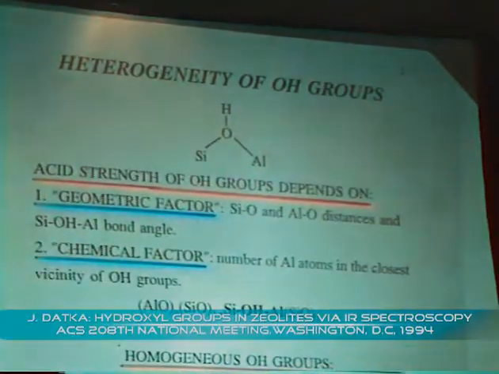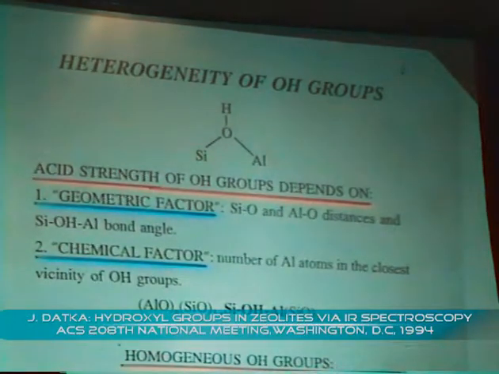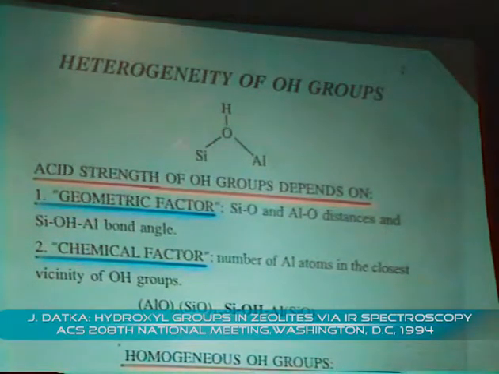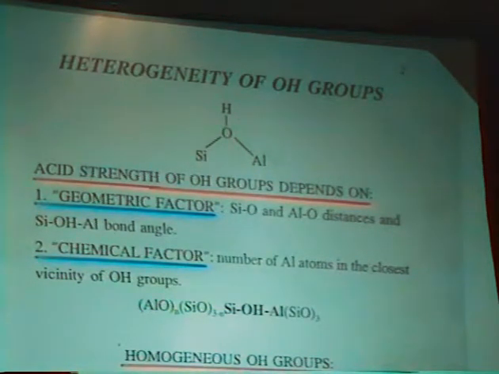The acid strength of bridging hydroxyls in zeolites depends mostly on two factors: a geometrical factor and a chemical factor. The geometrical factor is the geometry of the bridge, the bond distances, the bridge angle value. The chemical factor is the number of aluminum atoms in the close vicinity of hydroxyl groups.